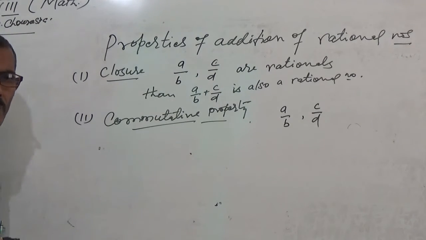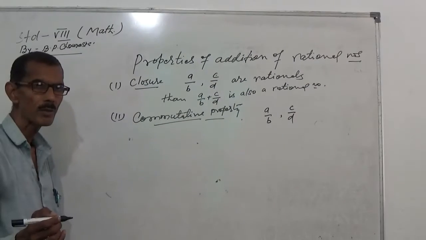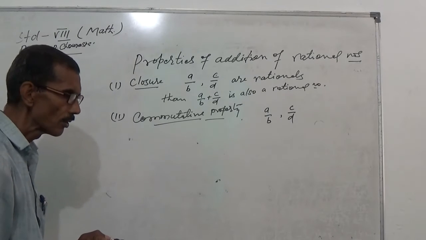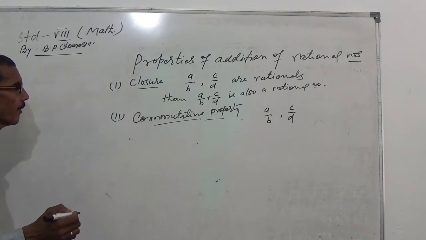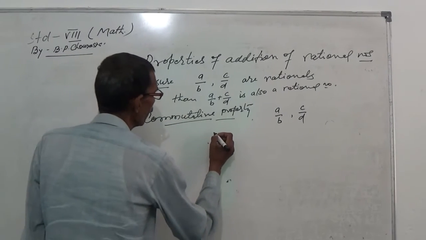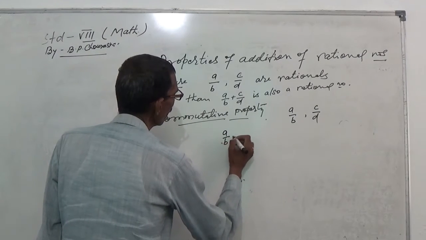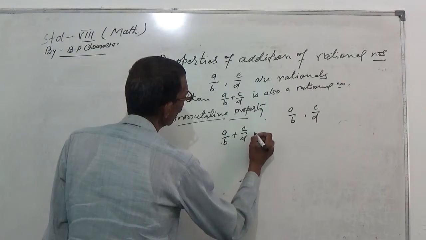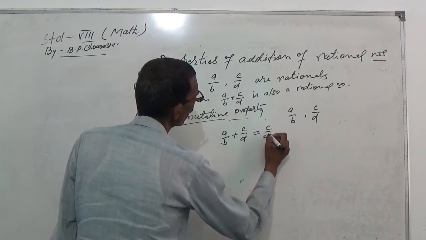Now understand very seriously. Then A by B plus C by D is equal to C by D plus A by B.